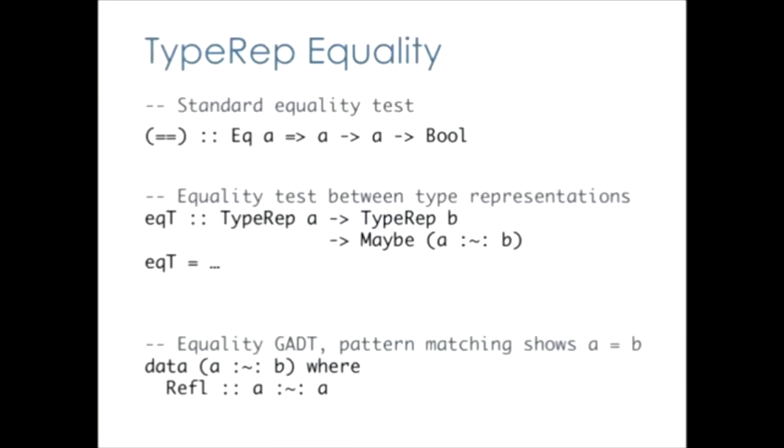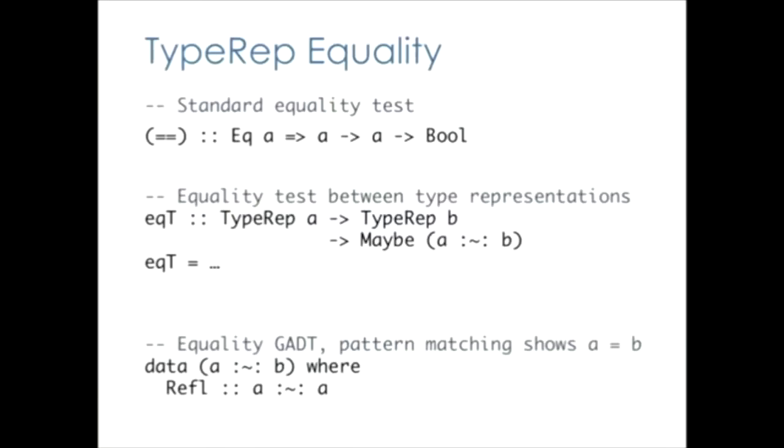And not only that, eqT also gives us, it's not a Boolean here as a result. It gives us something else, some extra information. And that extra information is, if it succeeds, if A and B are the same, it's going to give us a proof that A and B are the same. So here we have a GADT. This is an indexed data type. It's indexed by two arguments. But notice how it only has one constructor.